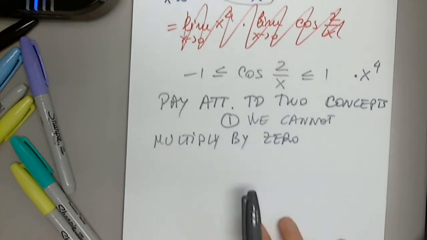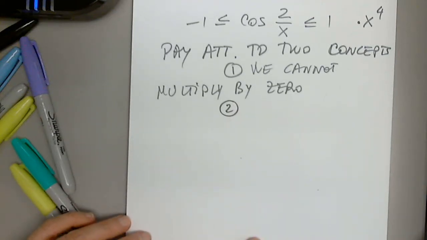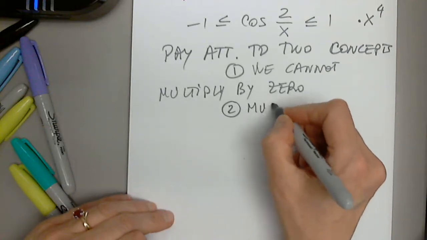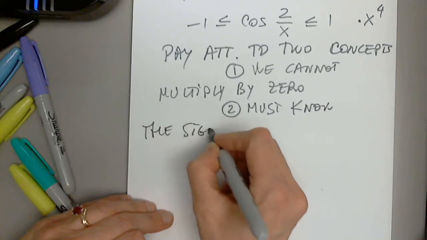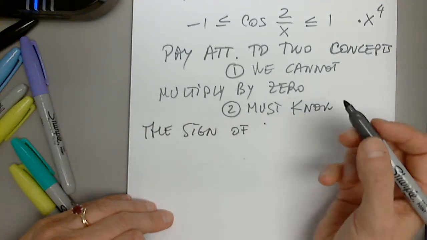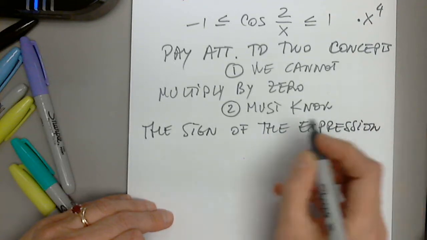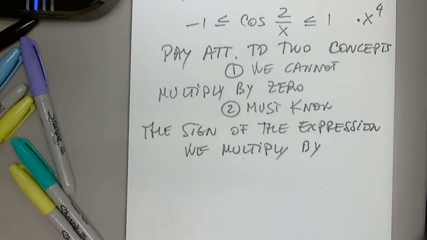Second, very important concept: you must know the sign of the expression you multiply by, in this case x to the fourth. Why?